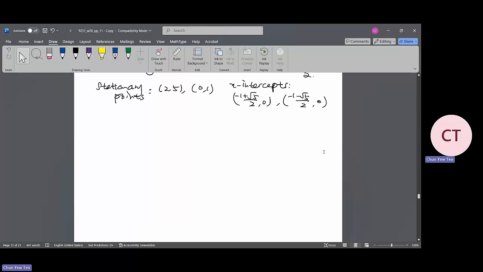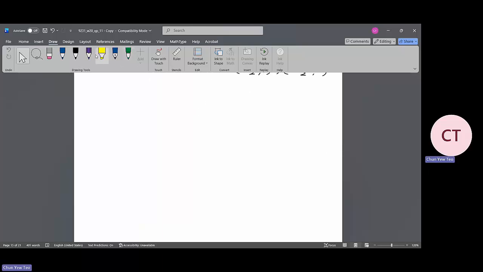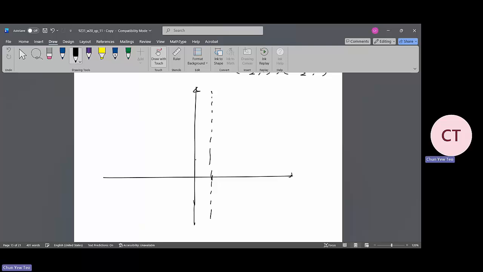So now we are ready to sketch the graph. The graph has an oblique asymptote and a vertical asymptote. So the vertical asymptote is at 1. Then this is 2.